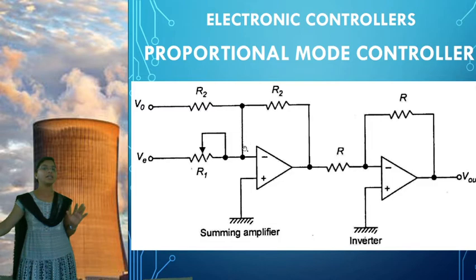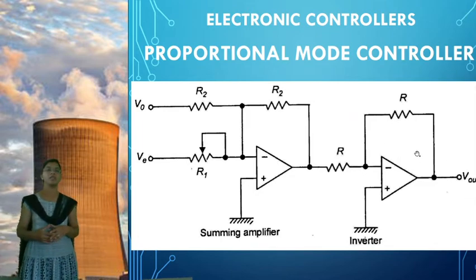But this is an inverting terminal, which generates a negative voltage. The negative voltage should be converted into positive, so it should be given to the inverting amplifier, where the non-inverting terminal is connected to 0 and the inverting terminal is connected to the feedback resistor. That will generate a positive output, V out. So this is about your proportional controller mode.